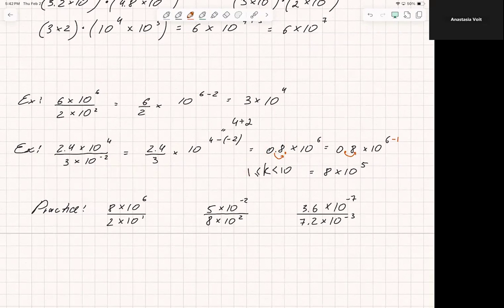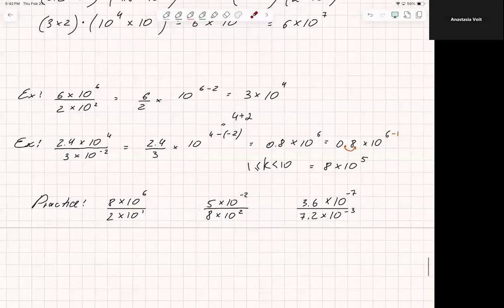When we move it to the right, we need to subtract the 1 power from our 10 to the 6th power, right? So as we move the decimal point to the right, we subtract at the same time the 1 power from the 6. So we would have 8 times 10 to the 5th power.